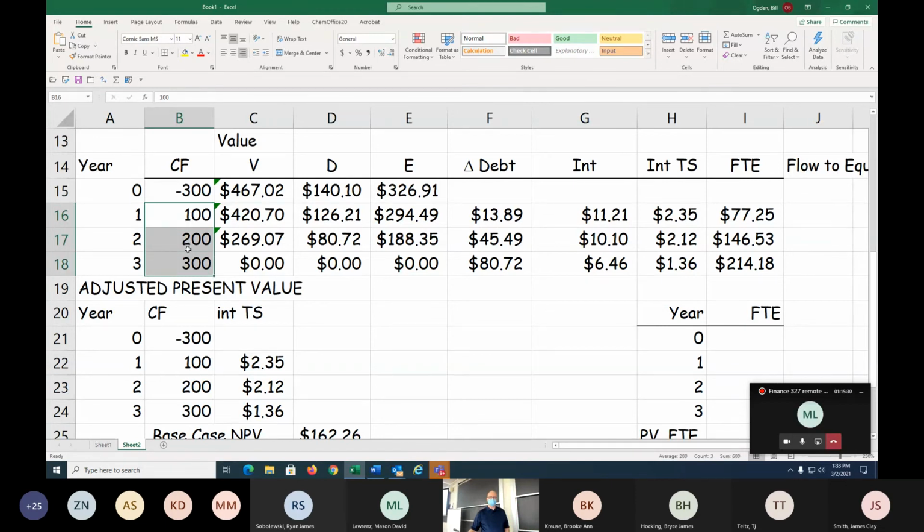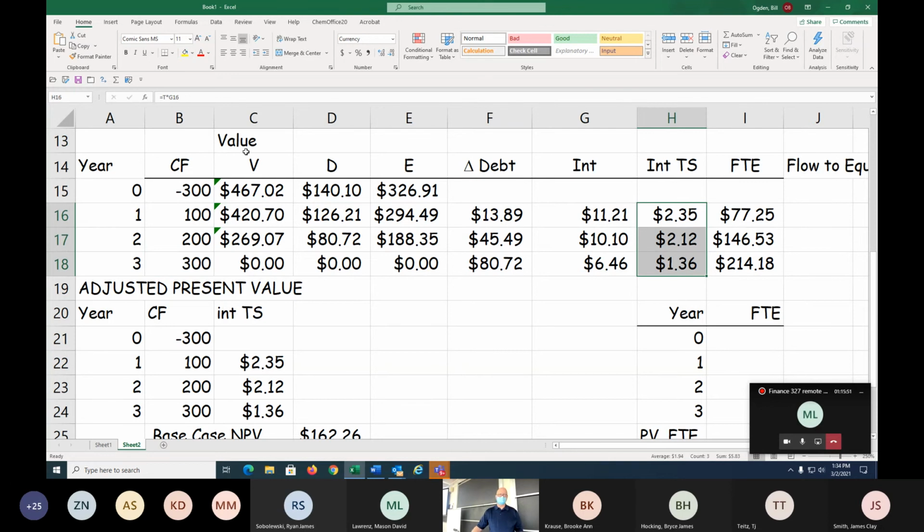So would it be reasonable then that this stream of cash flows is equally risky to this stream? Yes. So this stream of cash flows and this stream of cash flows are equally risky.